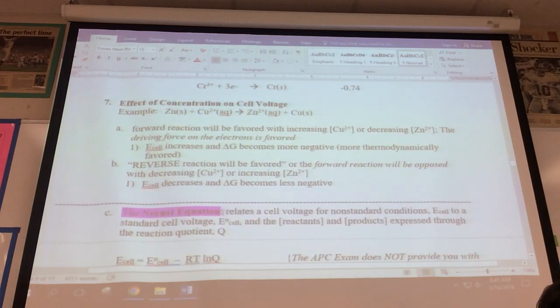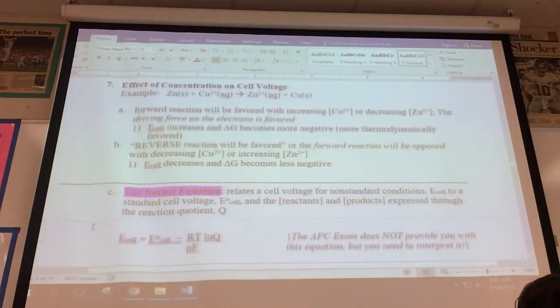The way you actually explain this is through the Nernst equation. We used to use the Nernst equation to solve for different variables. You're not going to be solving for anything with the Nernst equation, and I hate to say it, but on the AP, if you look at your formula sheet, they don't give you the Nernst equation.